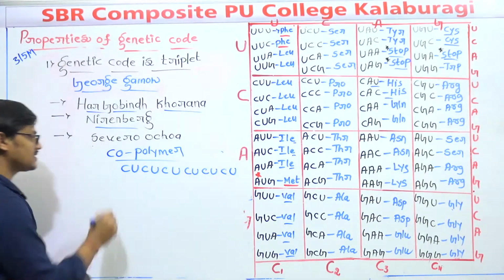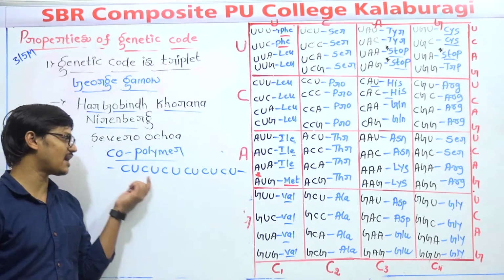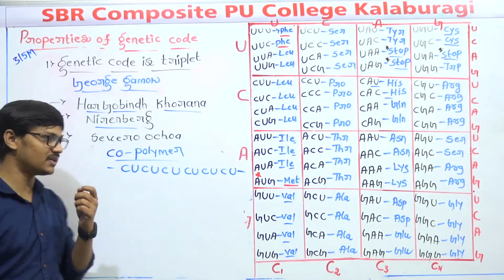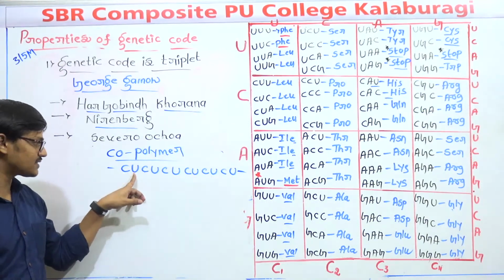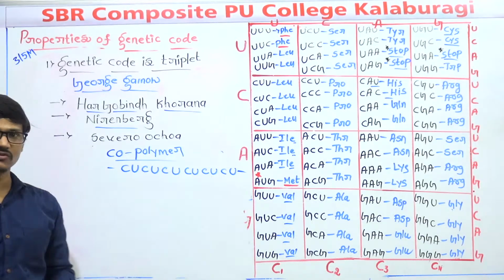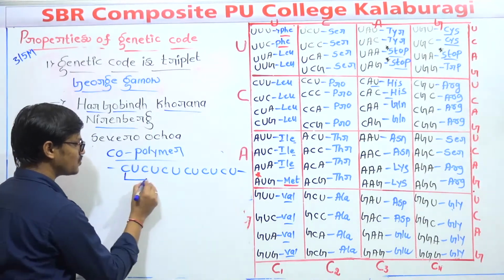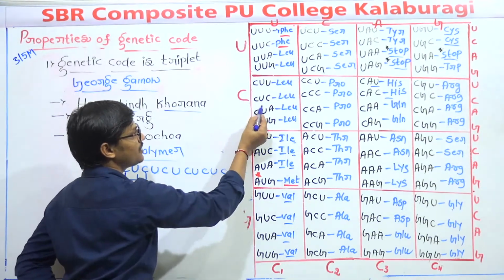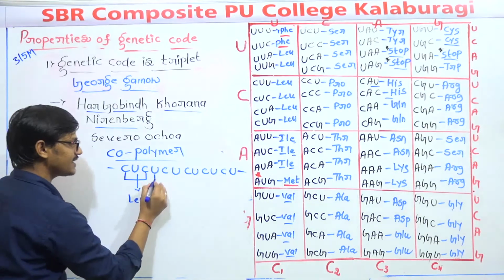Why is it called a copolymer? Because it has a combination of 2 nitrogen bases. Earlier one had only 1 nitrogen base. Now it has 2 nitrogen bases, that is cytosine and uracil. When it is used for protein synthesis, he got CUC. You see here, CUC codes for what? CUC codes for leucine. Next 3.